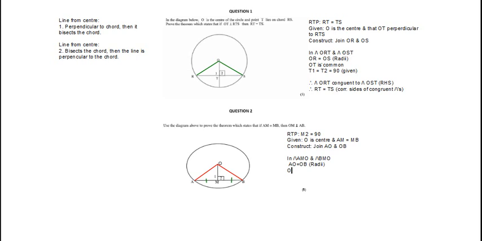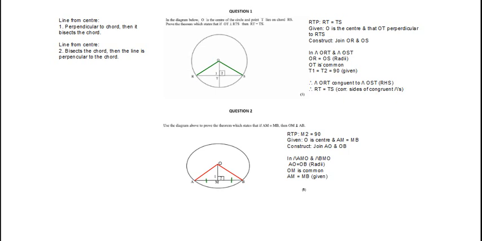And then OM is common. And AM is equal to MB. Remember, this was given in the statement. So this is what I was given in my statement.